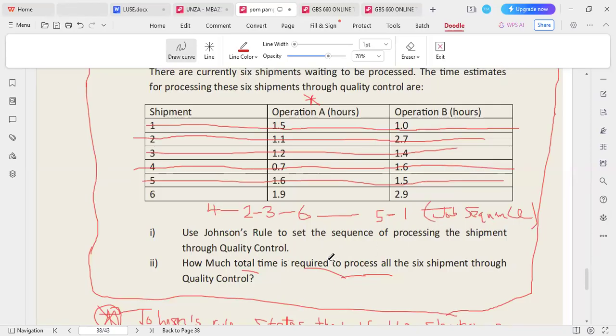So we use Johnson's rule to set the sequence of processing the shipments through quality control. It's 4 to 2 to 3 to 6 to 5 to 1. So this is the job sequence that we have right now.